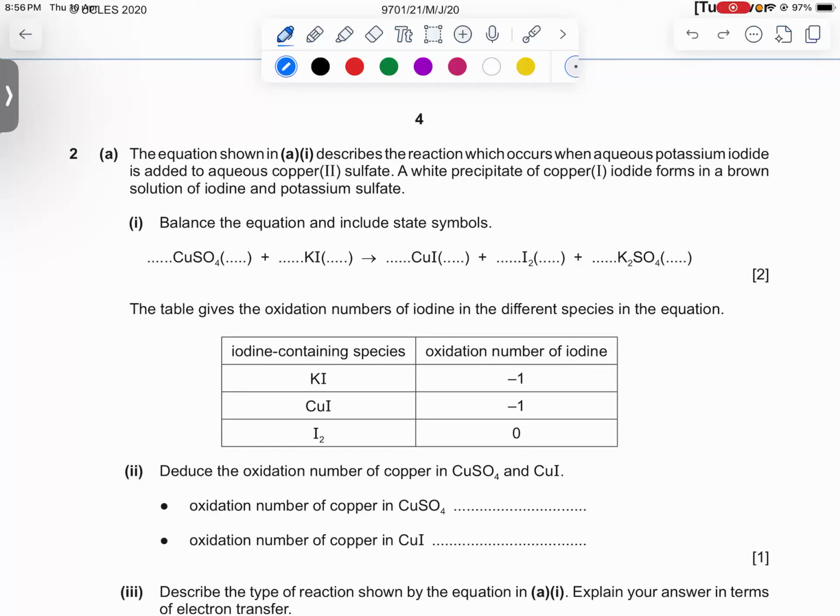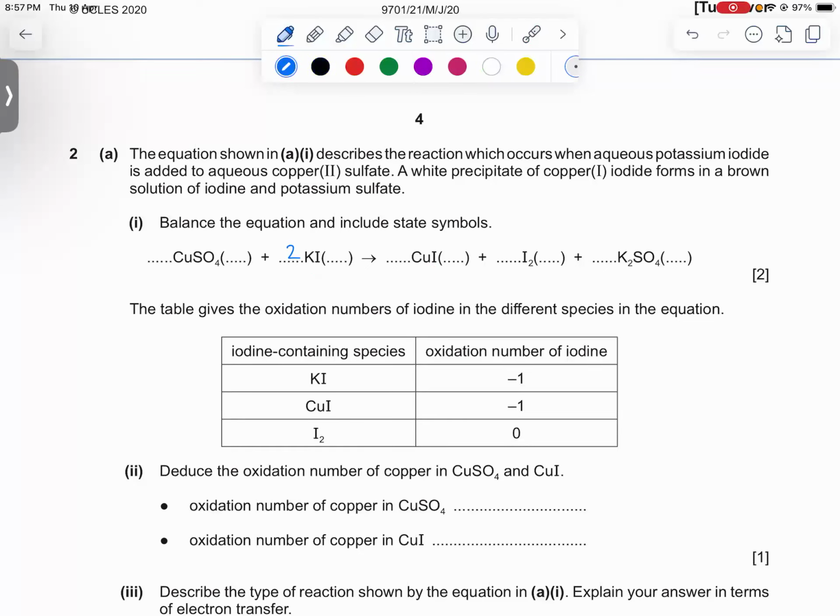However, we have to put a 2 over here, and once we put a 2 over here, then there are two potassiums and how many iodines? Two iodines, and CuI, and so one copper, one sulfate, and two iodines, and one and two, three iodines.